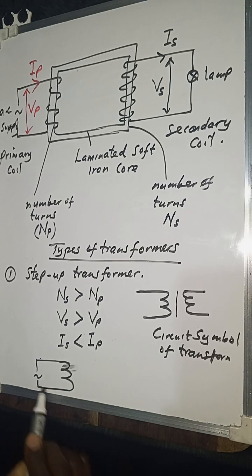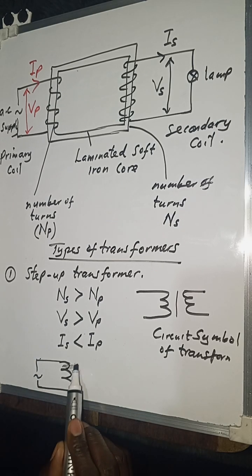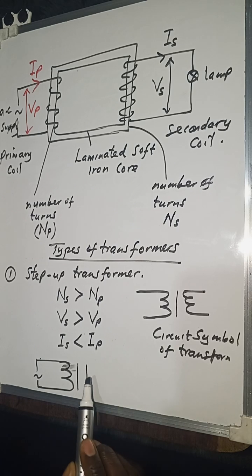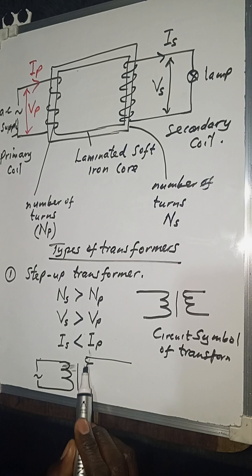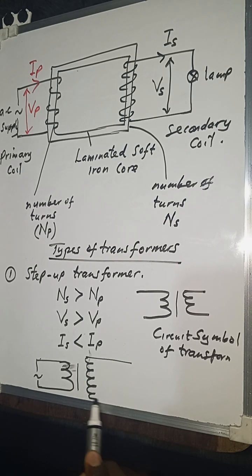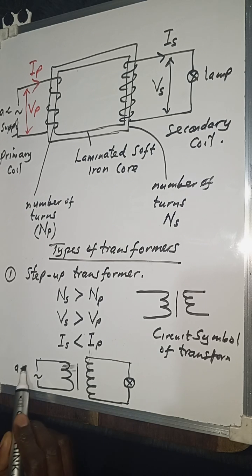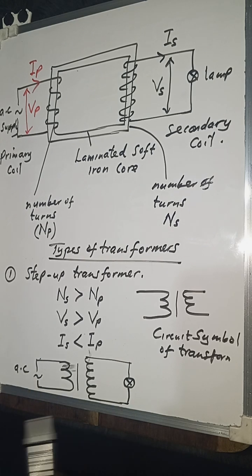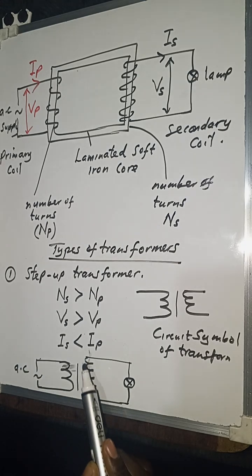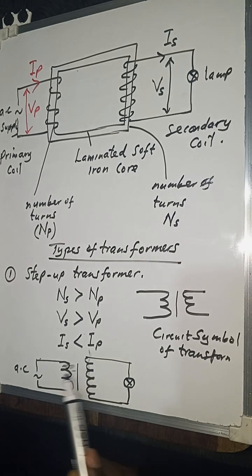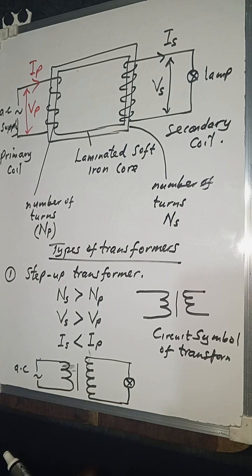Remember, this is the part connected to the AC supply. Then you can have more turns on the secondary, where the electrical appliance will be put. So you can see you have more turns on the secondary as compared to the primary.